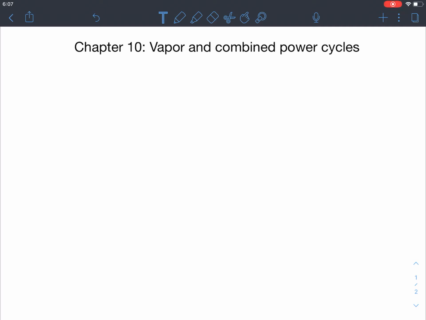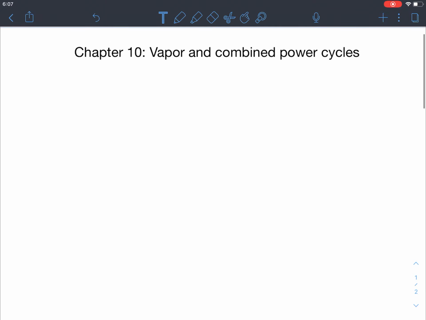Alright, today we are going to talk about chapter 10, topic 10.3, which is the deviation of the actual vapor power cycle from the ideal cycle.